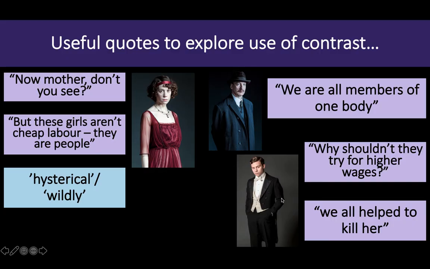So Eric eventually says, "We all helped to kill her." So he realises that they all play a part, that they are all socially responsible. But Arthur Birling and Sybil Birling are incapable of taking on that responsibility.